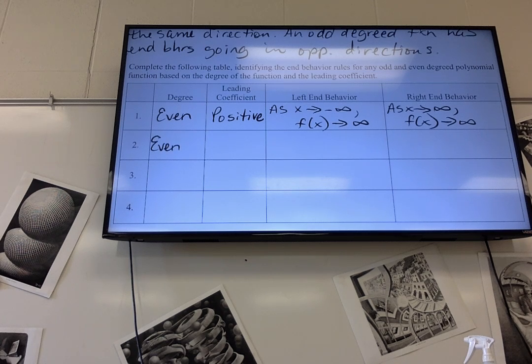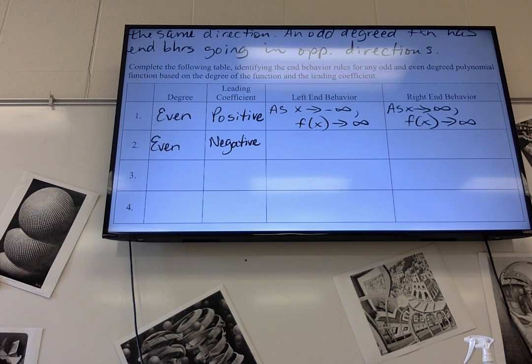If it's even and that leading coefficient is negative, then they both point down. And again, that's like number 9 on homework day 23. They were both pointing down, and remember I said we're going to talk about this today. That's what made that A negative, because I knew they were both pointing down.